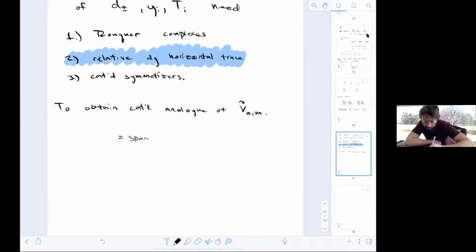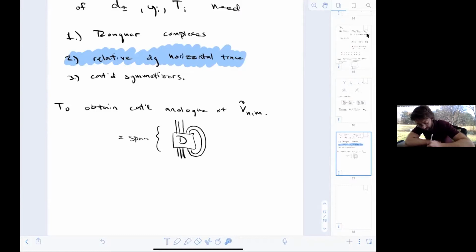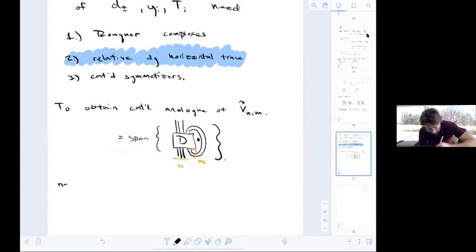In the world of Hecke algebras, this was the span of all diagrams where we just connect up the rightmost M strands, mod relations. And we don't necessarily symmetrize in the bottom. What we need is a relative version of this horizontal trace. So we need this, what I highlighted up here.